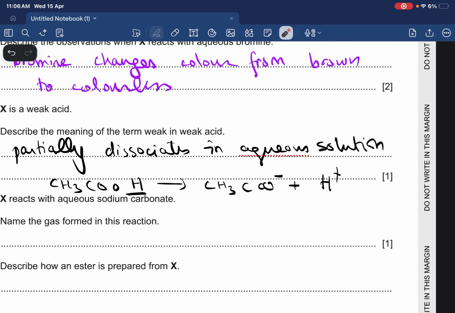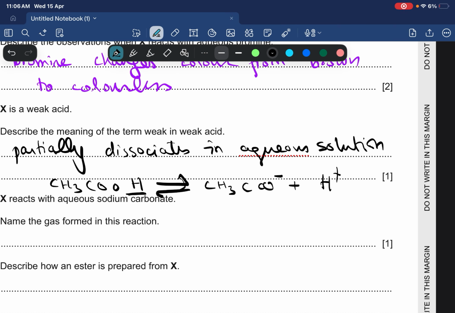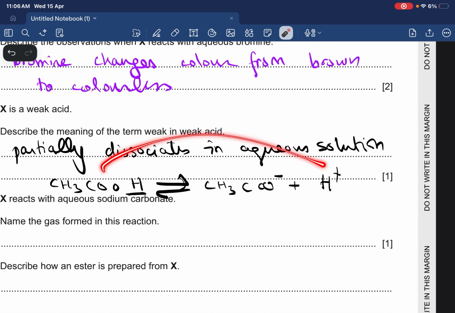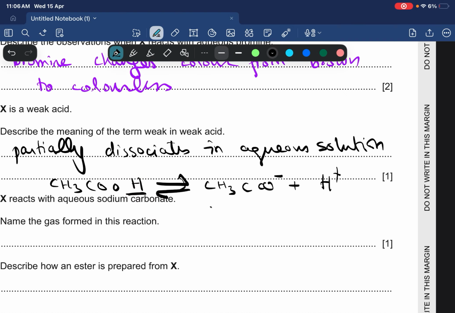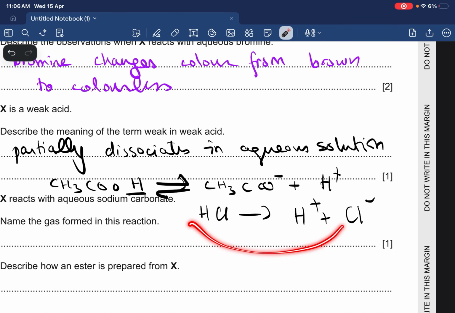So it becomes a reversible reaction. It goes forward, it goes backward as well. So it doesn't fully dissociate. Not all H are going to form H plus. But if you have a strong acid like HCl, it's going to form H plus and Cl minus. And this is not going to form HCl again. This is a single forward reaction, but this one is a reverse reaction.